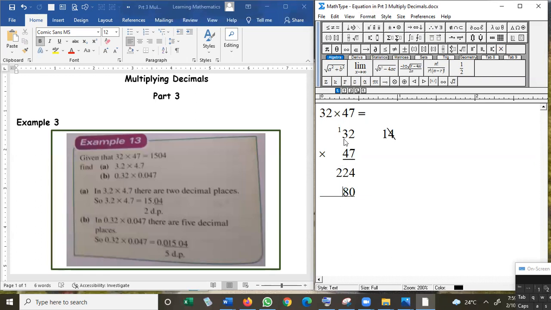And 40 times 3 is 120, plus the 80, we get 1280, yes? That's basically 40 times 32 is 1280. That's what is going on there. 40 times 2 is 80, and 40 times 3 is 120, and then we add it.